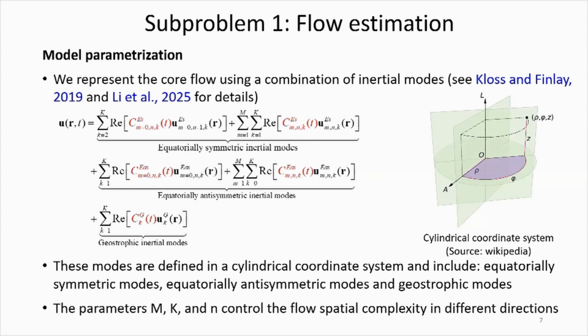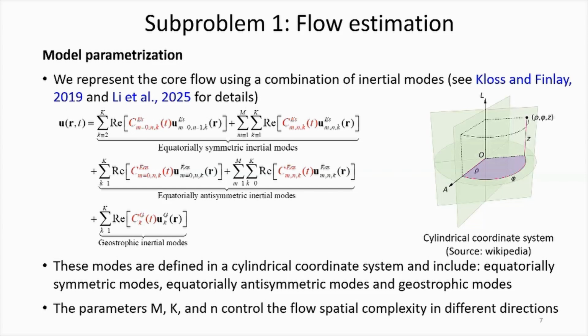Here is subproblem 1, the flow estimation. We use a combination of the inertial modes to represent the Earth's core flow, in this form. These modes are defined in cylindrical coordinates, and include three parts: the equatorially symmetric inertial modes, the anti-symmetric inertial modes, and the geostrophic inertial modes.